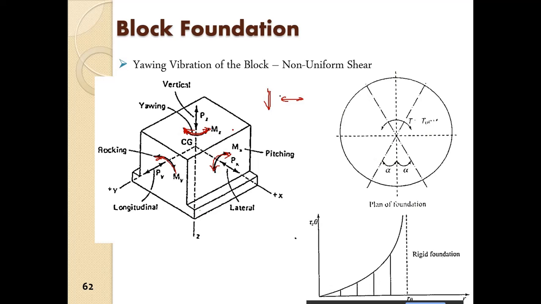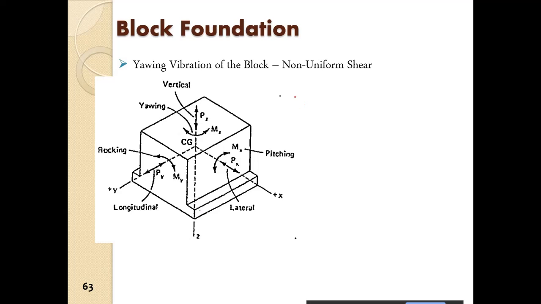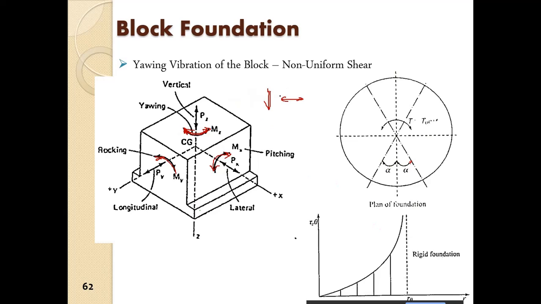Similar to whatever we have discussed, in yawing also we have a moment, mz. So first of all we can write the moment mz into sine omega t, that is the applied moment. And if we have an angular rotation here, this is alpha, the angular rotation.